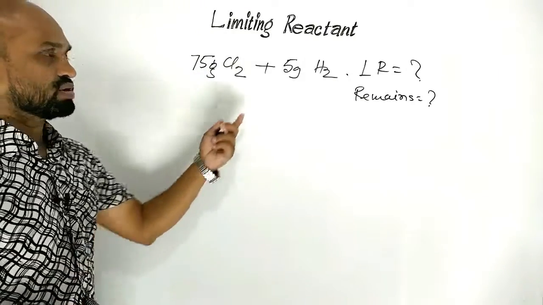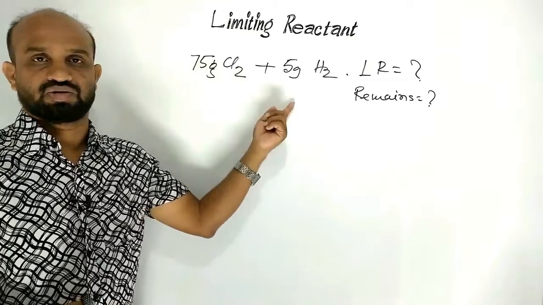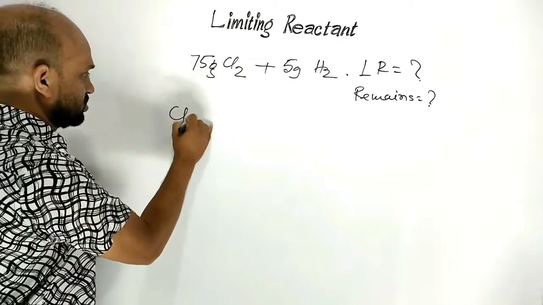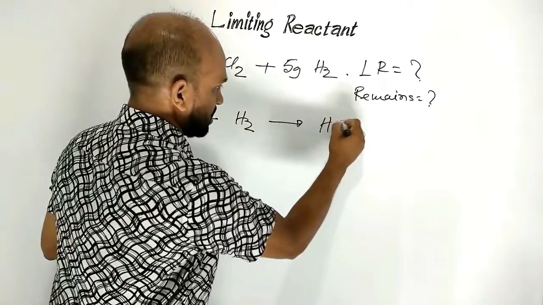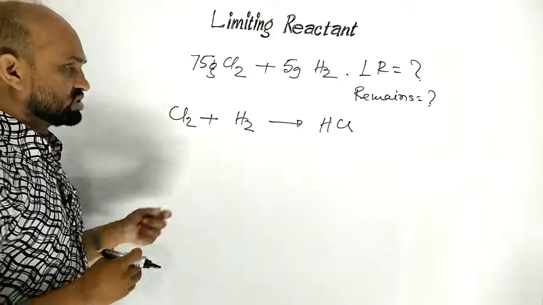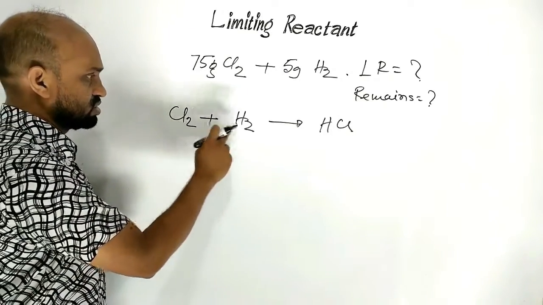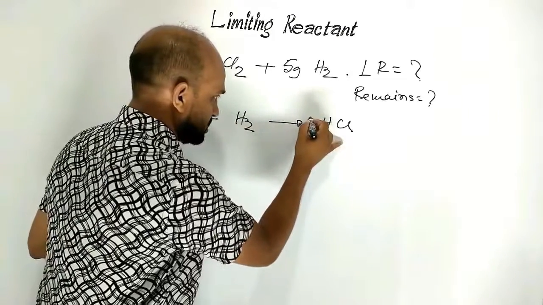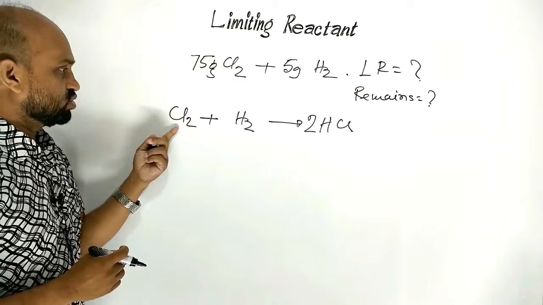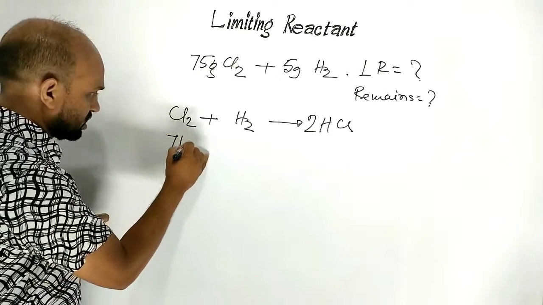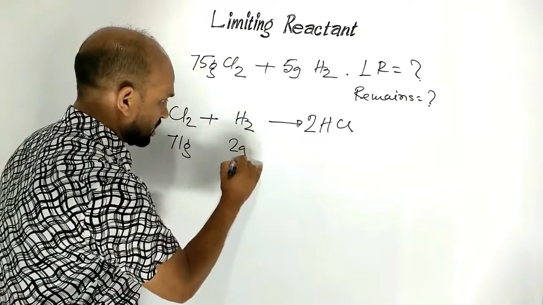First of all, we have to write the reaction between chlorine and hydrogen. Chlorine, hydrogen, the product is hydrogen chloride. The reaction must be balanced. Here 2 chlorine atoms, 2 hydrogen atoms, so there will be 2. From this reaction we get that 71 gram chlorine reacts with 2 gram hydrogen.